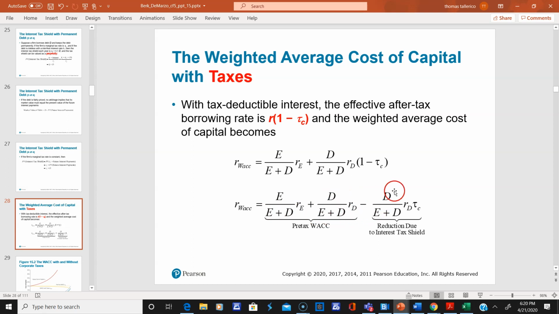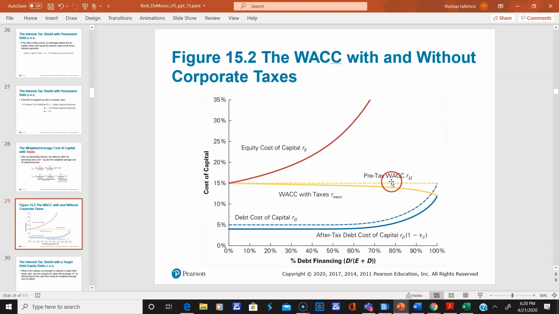And then you subtract off this portion, which is the reduction due to the interest tax shield. So you've got D over E plus D times RD times TC, and it's negative. Notice how this portion works out to reduce your weighted average cost of capital.